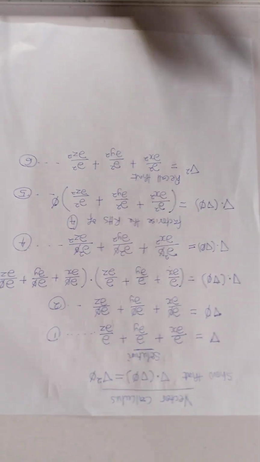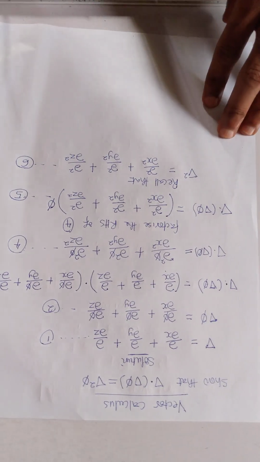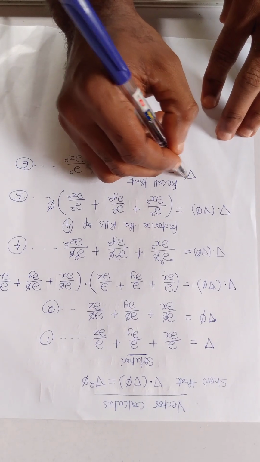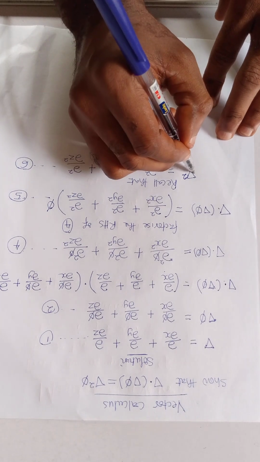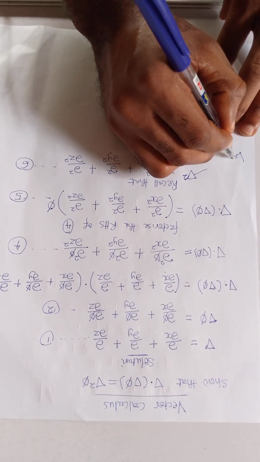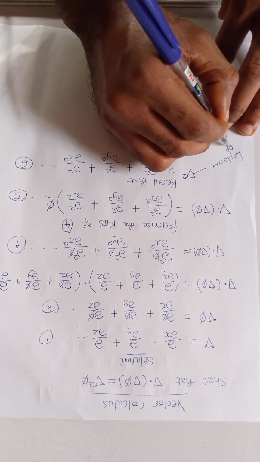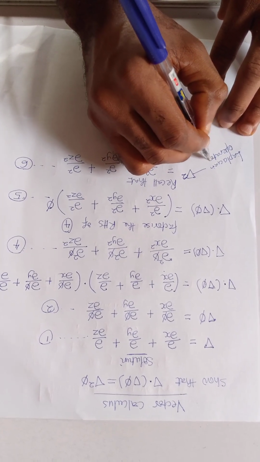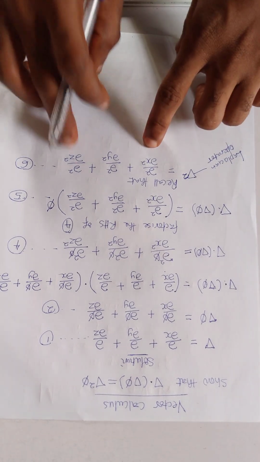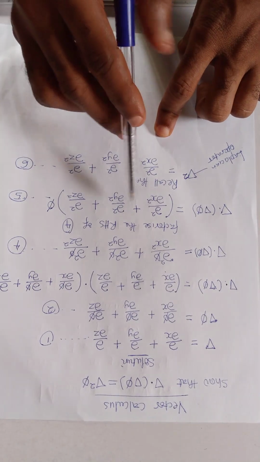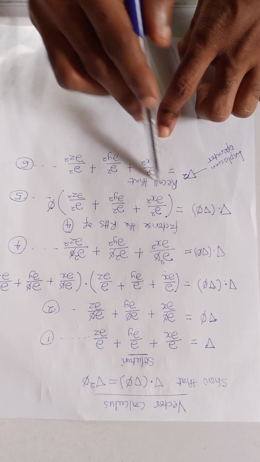So if we now say that this one is the Laplacian operator, this is called the Laplacian operator. So if we say that a Laplacian operator is equal to the all of this, so we are now saying that this Laplacian operator is equal to this.